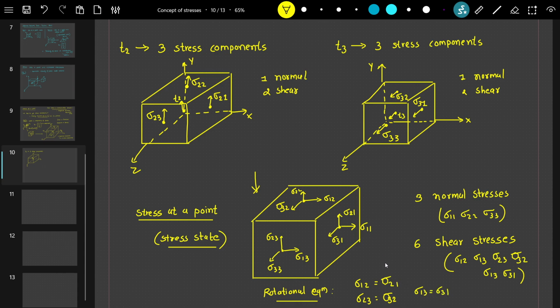That means sigma ij is equal to sigma ji, where i is not equal to j. So we get three normal stresses and three shear stresses, because due to rotational equilibrium, six shear stresses boil down to three.